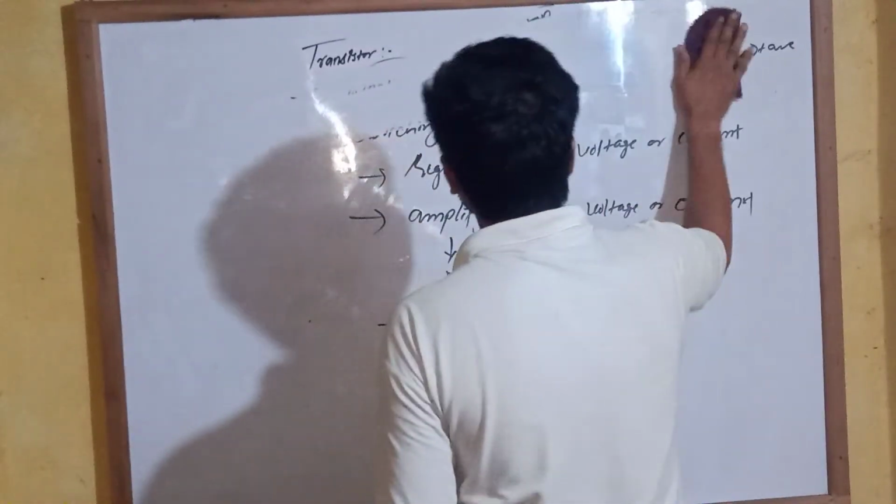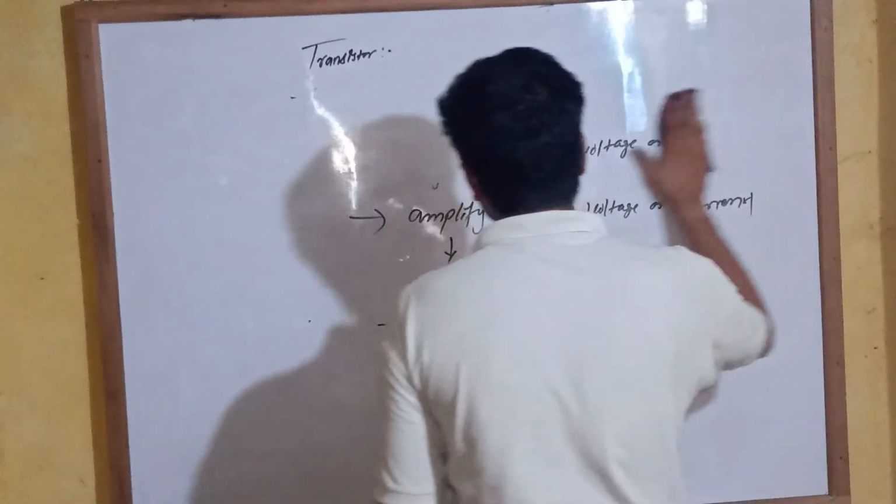Generally, transistors are of two types. Mainly the transistors are two types.